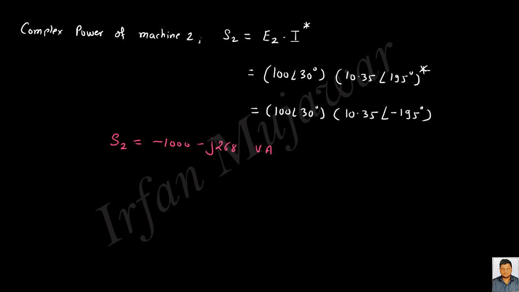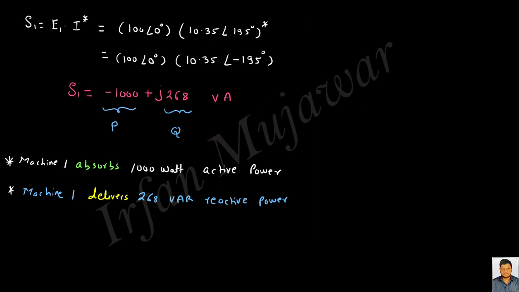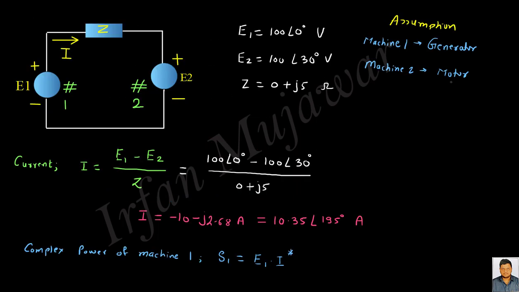Now see, here we are getting the real term as negative. This is the active power P, and this is the reactive power Q. So we are getting negative active power. And what was our assumption from this figure? We are assuming the second machine to be a motor, but we are getting P as negative, meaning it is actually delivering the power.